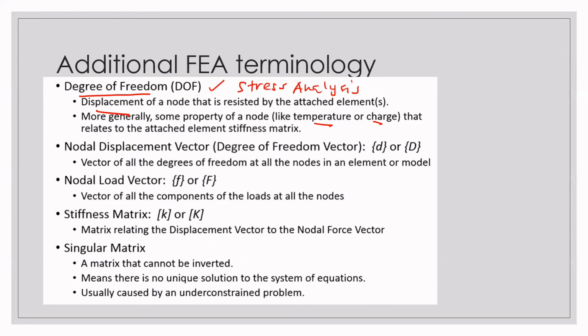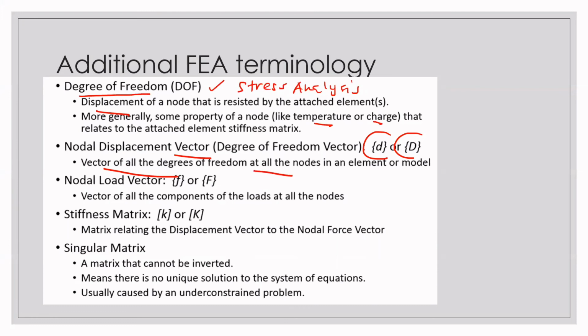And the next important term would be a nodal displacement vector. This is also known as the degree of freedom, and it's what I had mentioned before, a little d or a big D in earlier slides. It is the vector of all the degrees of freedom at all the nodes in the element or the model.